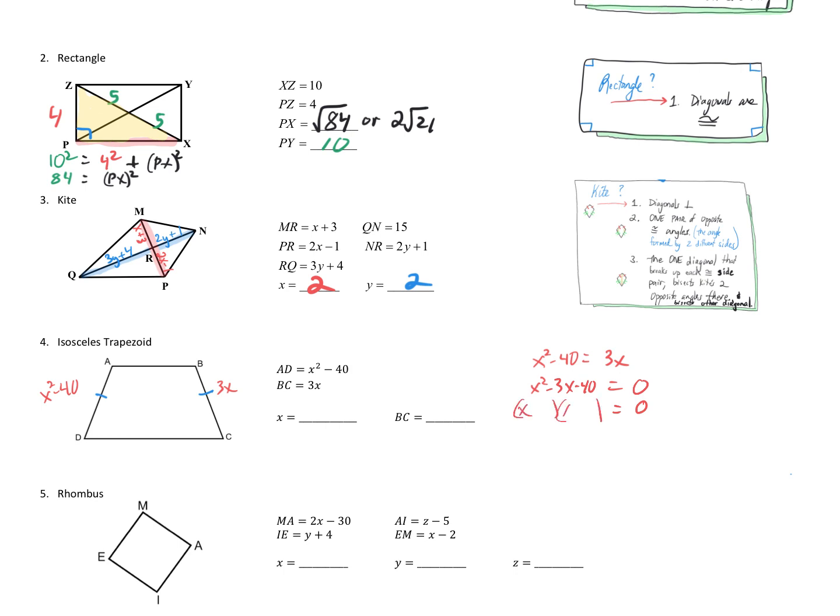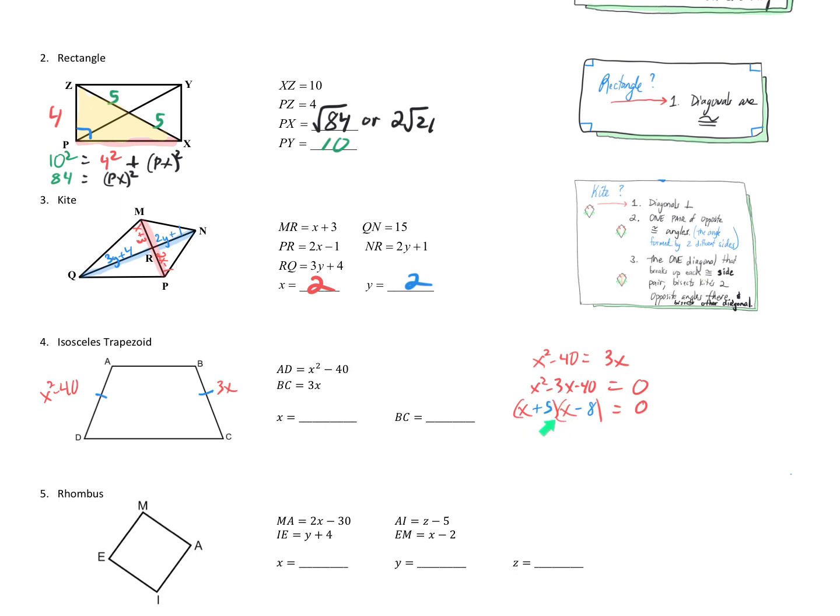First times first gives us x squared, and last times last should be negative 40, and that's going to be 5 and an 8, plus 5 and minus 8. So that last times last is a negative 40, and negative 8x and positive 5x combine to give us negative 3x.